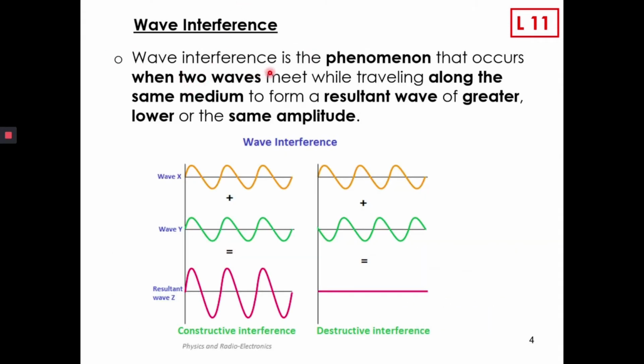Wave interference is the phenomenon that occurs when two waves meet while traveling along the same medium to form a resultant wave of greater, lower, or the same amplitude. We have two types of interference: constructive interference and destructive interference.